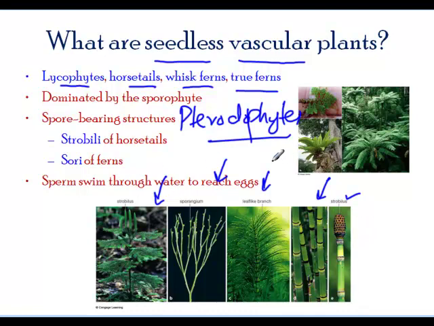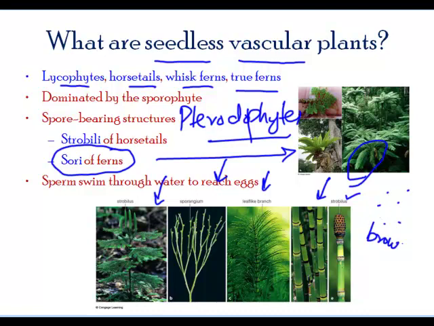Now, ferns that you see in flowering places, or just regular ferns that you see, are all part of this group. And next time when you go and buy ferns, I want you to look at the fern like over here, and if you flip this fern, and on the bottom you see these dark brown spots, they really look like rust spots on the leaf, and these are the sori.